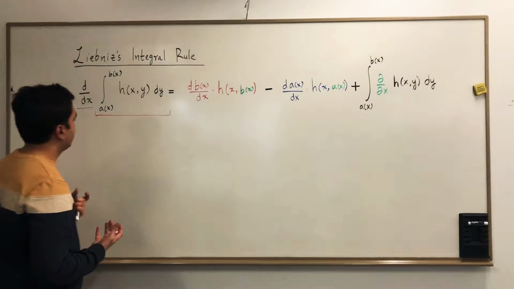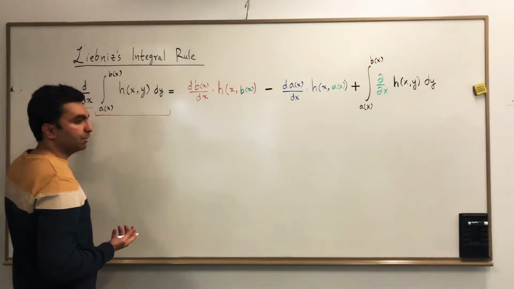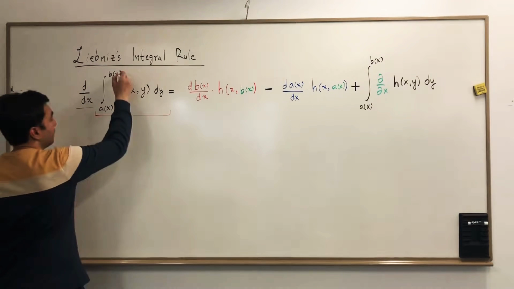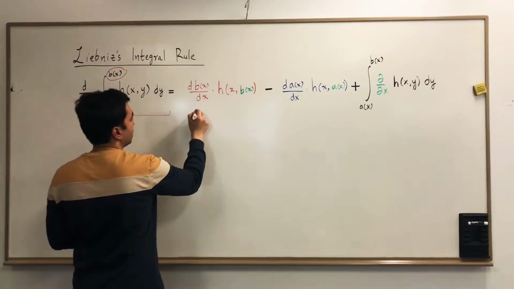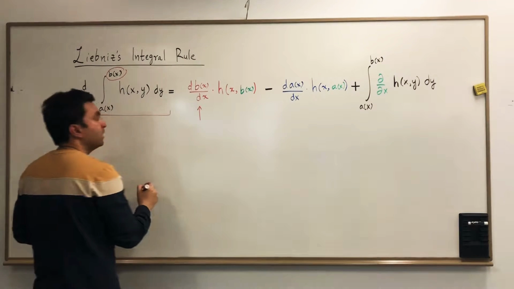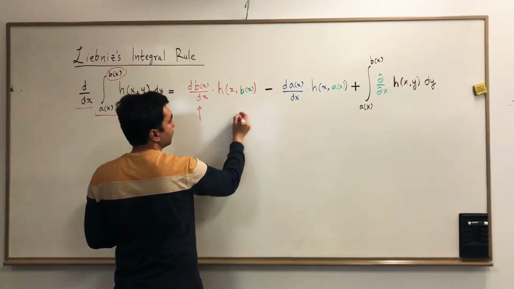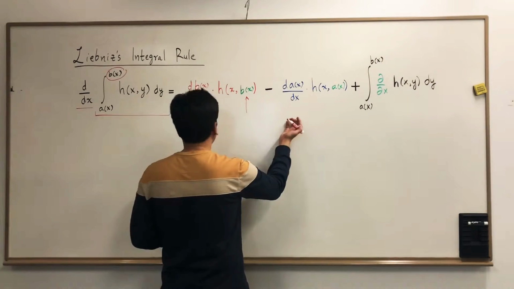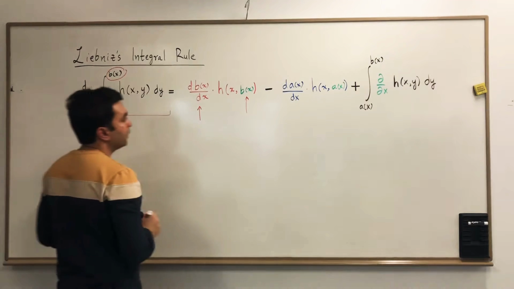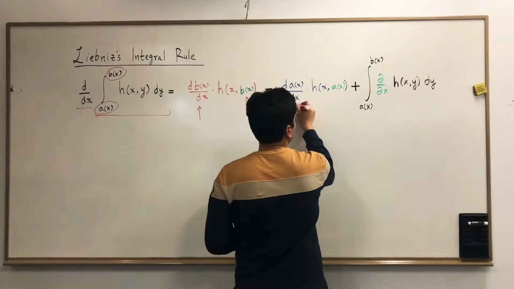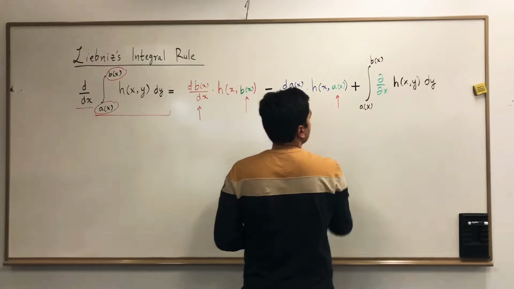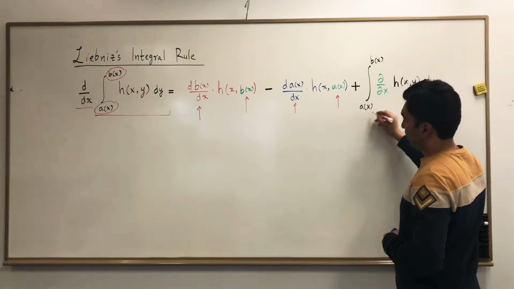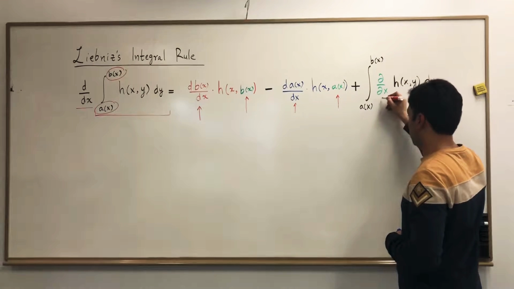But if you want to reduce effort and try to take the derivative first, then the rule says take the derivative of the upper limit, and then substitute the upper limit inside the function, and then minus, take the derivative of the lower limit and substitute the lower limit in the function inside, and then the third term is just the same integral, but we have moved this derivative inside.